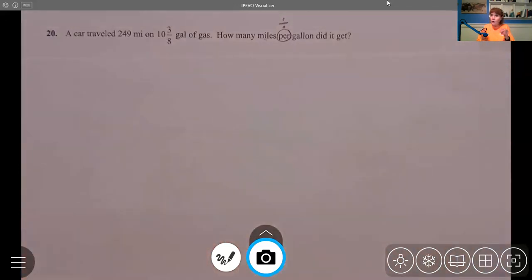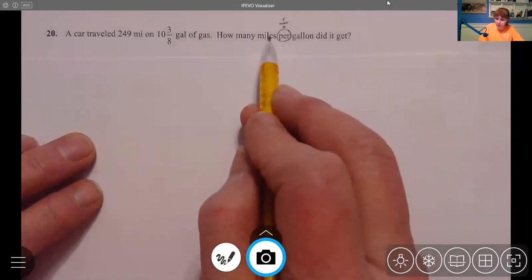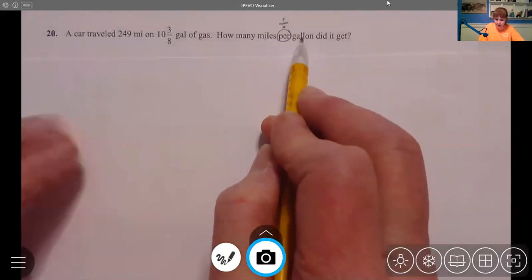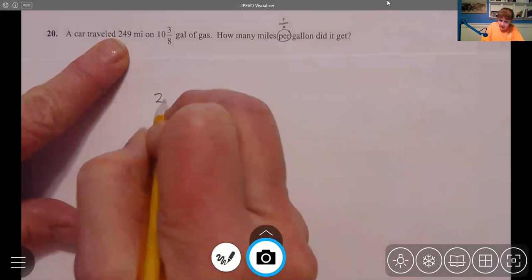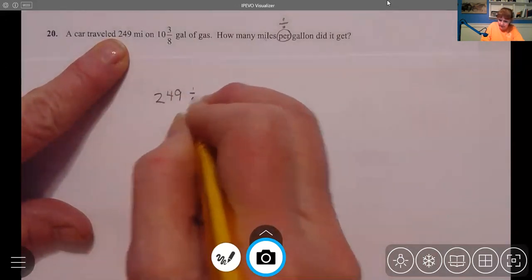A lot of times, if you look at units, units can really help you solve a problem. They pretty much tell you what you need to do. And we'll be looking at that in chapter 9 when we do dimensional analysis. We'll be especially paying attention to units. So miles divided by the gallons. So we take the miles, order matters. So we have to have miles first, divided by the gallons.